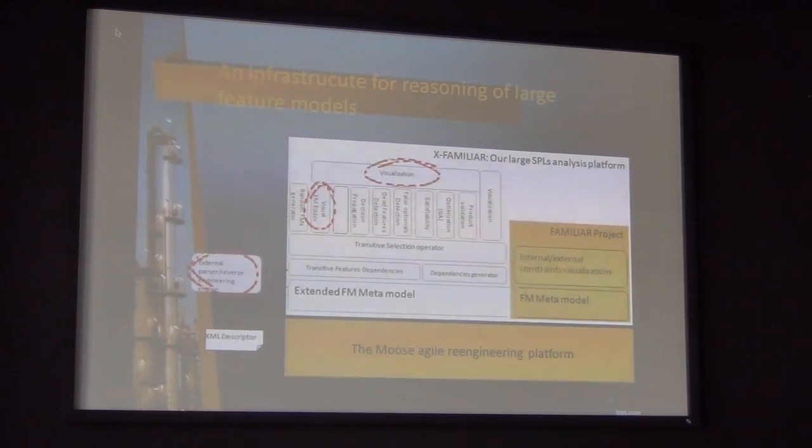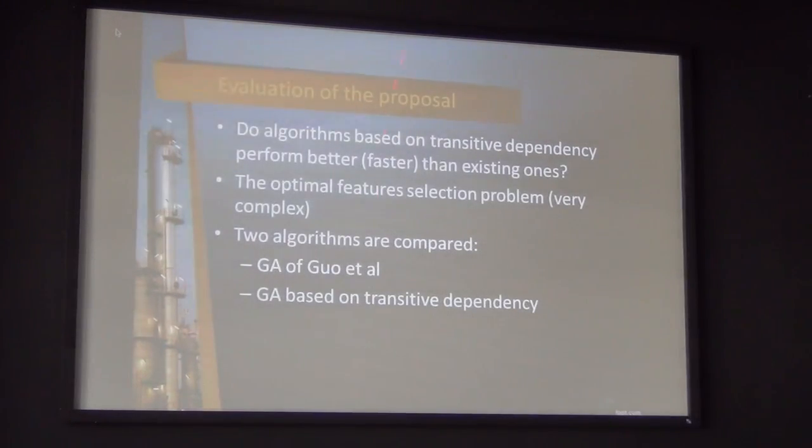Okay? So this. Now I want to evaluate my proposal, and I want to answer the question: are the algorithms that are based on transitive dependency faster than the ones from the literature? So to answer this question, I have compared two algorithms. Actually, they are genetic algorithms.